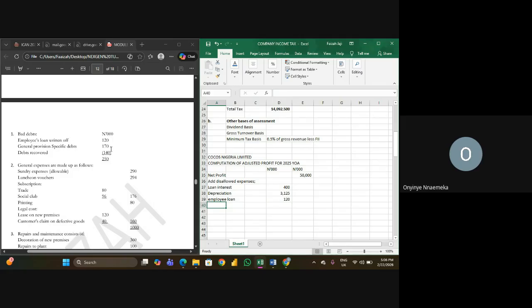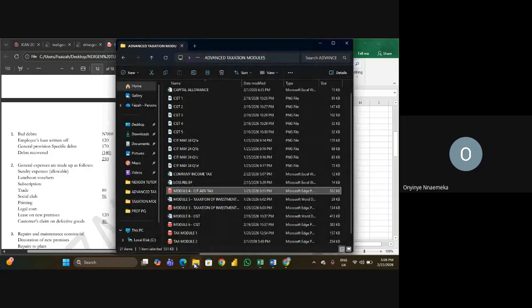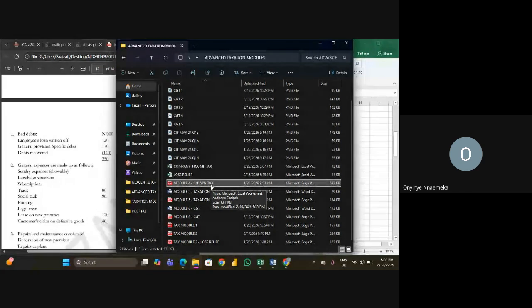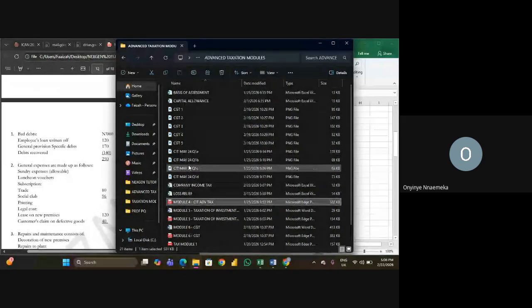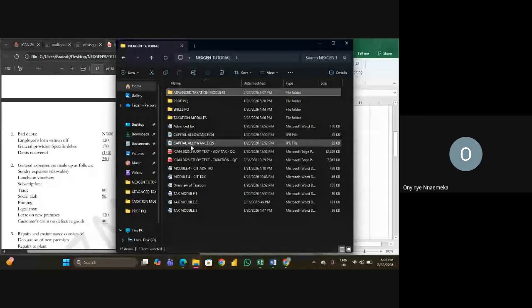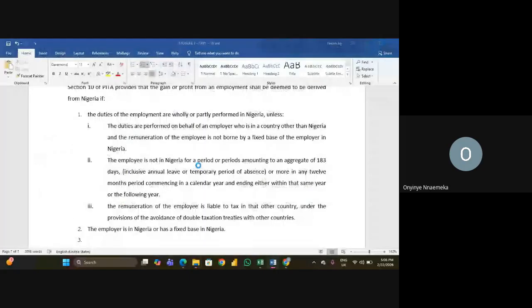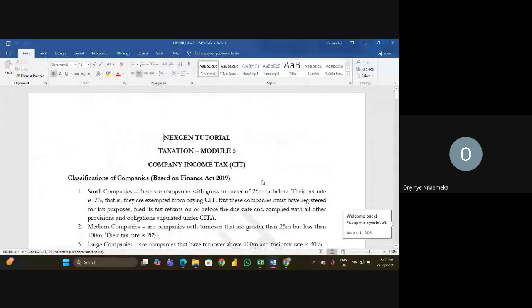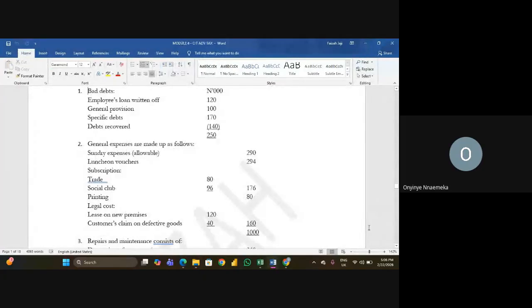General provision should have its own money, specific. I think I corrected this already. How come I'm seeing the same mistake again? Let me try to open the Word version. Okay, sorry. Let's check the Word version. I know I corrected it. I just don't know why we have the uncorrected version.